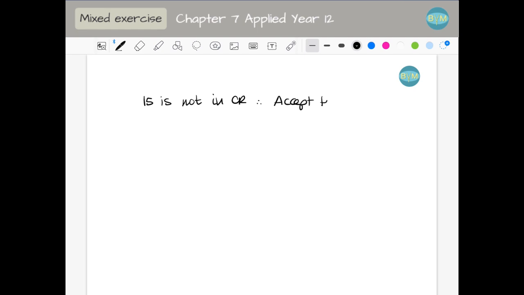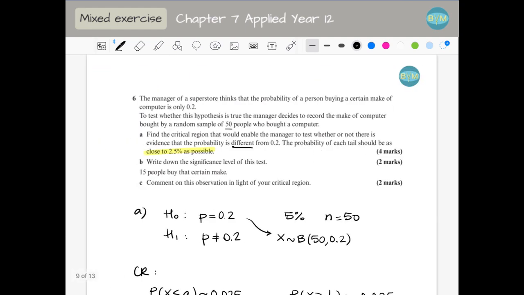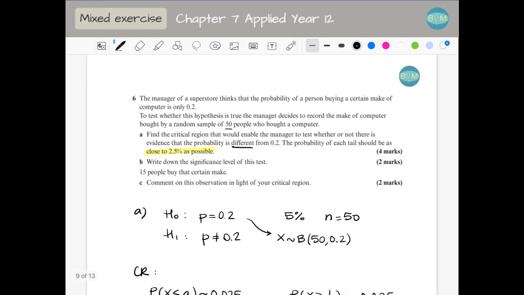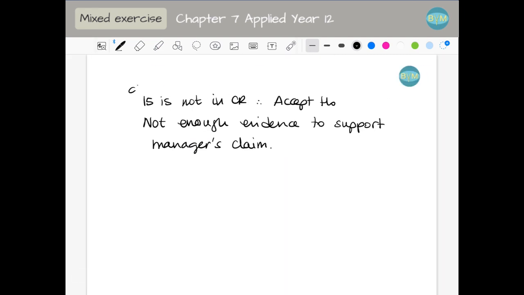There is not enough evidence to support the manager's claim. And that's our decision. That's part c, and that's all with this question.